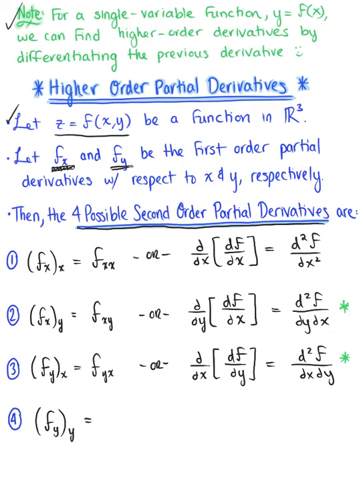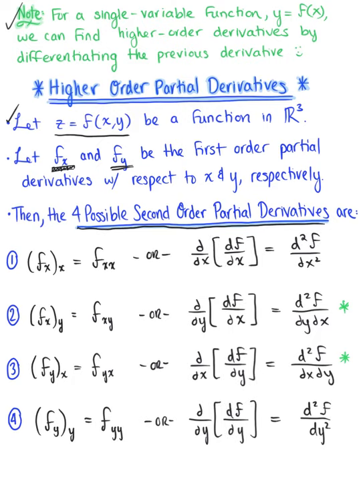This leaves us with the second order partial derivative f sub yy. Or again, using our differential notation, we are differentiating with respect to y the first order partial derivative of the function with respect to y, which leaves us with d squared f by dy squared.